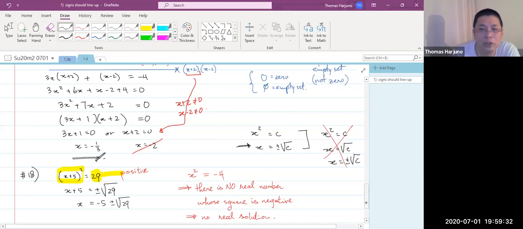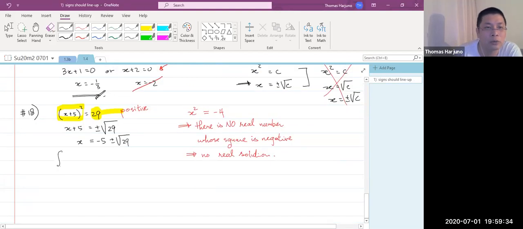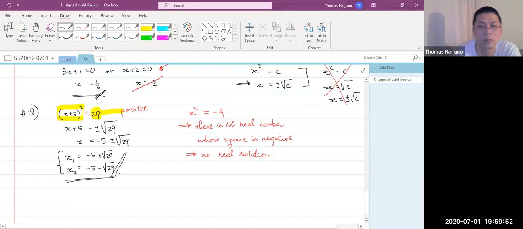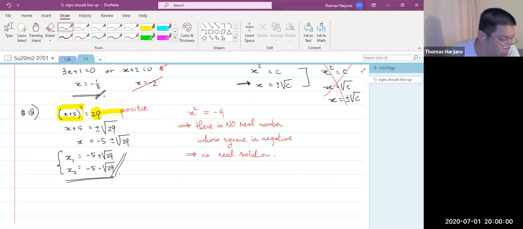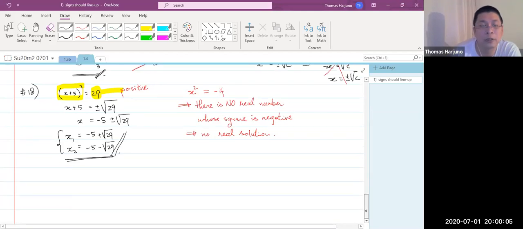Now, if you have a branching solution like this, I'd like you to rewrite them, split them up: negative 5 plus square root of 29, negative 5 minus square root of 29.